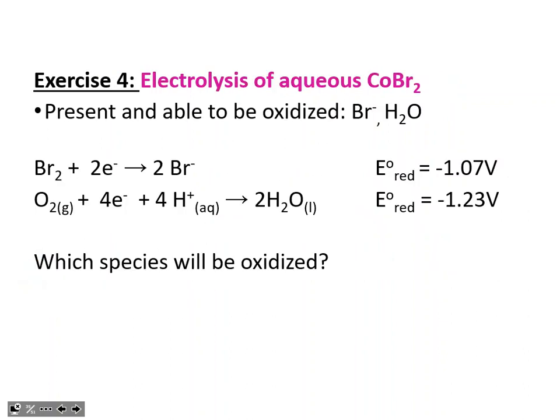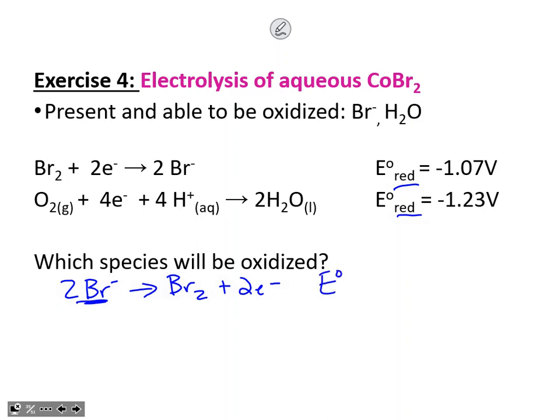So looking at this example here, we're still doing electrolysis of aqueous cobalt 2 bromide. Now, these are both written as reduction potentials, as you can see, so I have to flip them. You flip them in order to look at them from an oxidation standpoint, because this needs to be the reactant. The bromide needs to be the reactant anyways, because that's what's in solution.